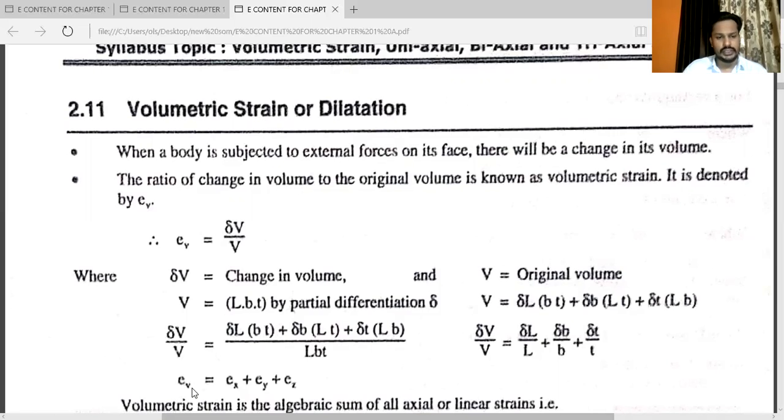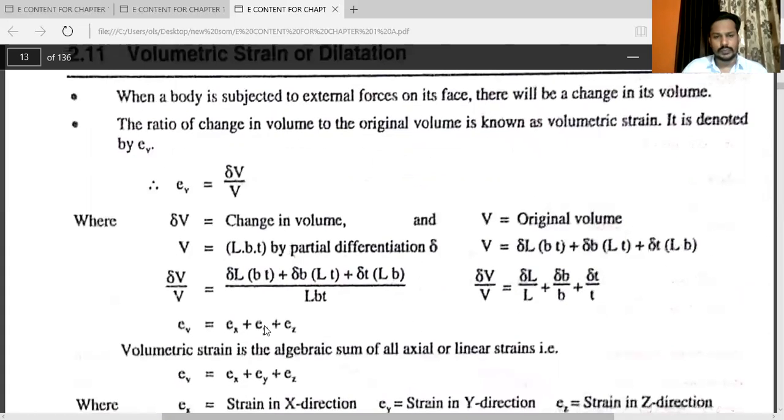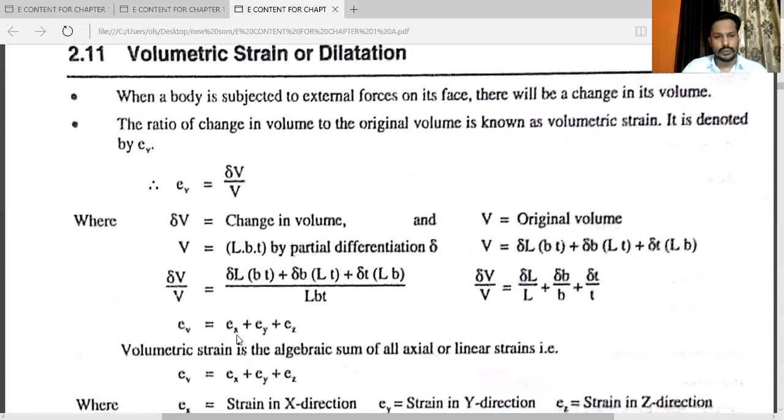So EV is equal to EX plus EY plus EZ, because we know that L, B and T are the dimensions, you can see in this equation. EV is equal to EX plus EY plus EZ, means delta L upon L is nothing but EX.